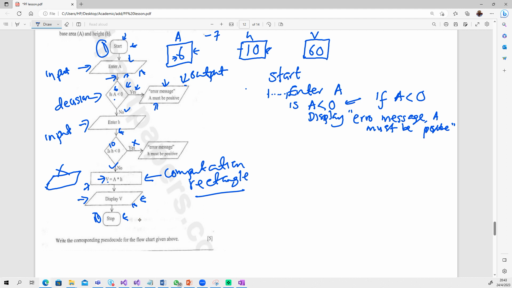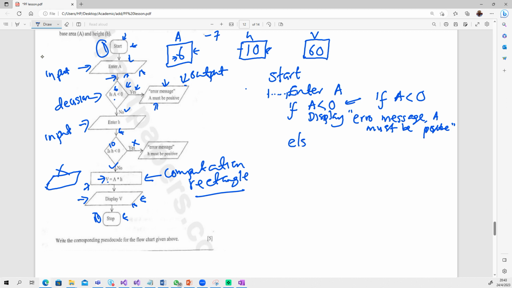So instead of putting the is here, I'm going to remove the is and put the if. So if a is less than 0, you display error message, a must be positive, and then you say else.